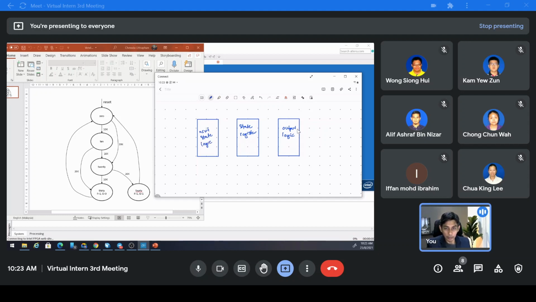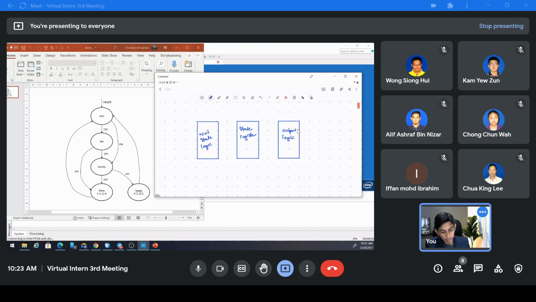This is a combinational circuit as well. And we will have something like this. And this is a D flip-flop. We can have the output here. The output can be 1 bit, can be many bits, depending on the specification.